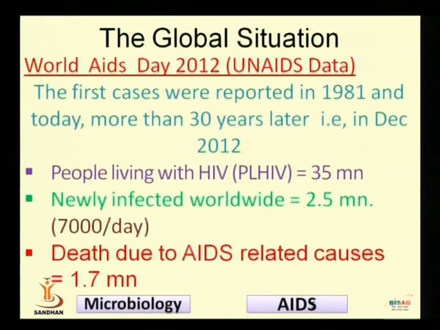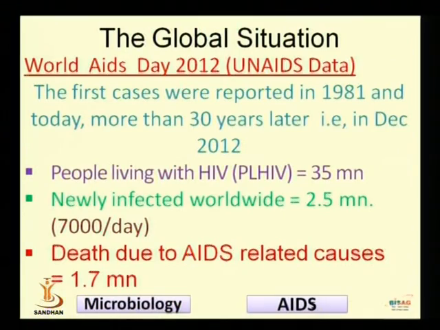According to the World AIDS Day, celebrated on December 1st, 2012, the United Nations AIDS data says that though the first case was reported in 1981, even after 30 years, there are more than 35 million people living with AIDS.